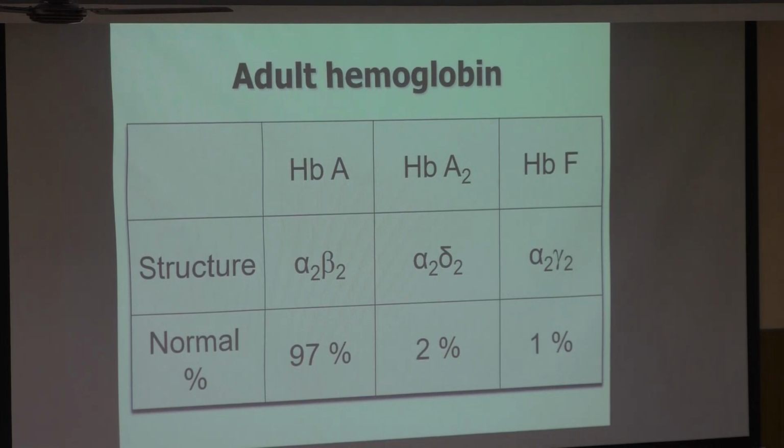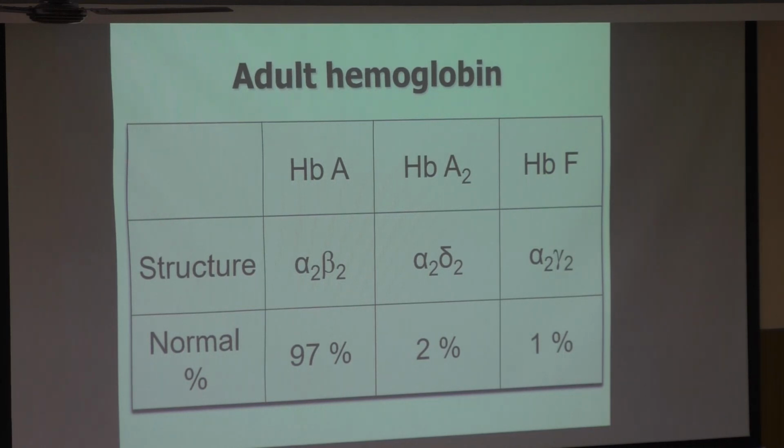If the beta chain is not properly synthesized, there will be a problem, and in that situation your A2 and F concentration will be higher. So that is the importance of knowing the percentages and the chains. You should understand what A contains, what A2 contains, and what F contains.